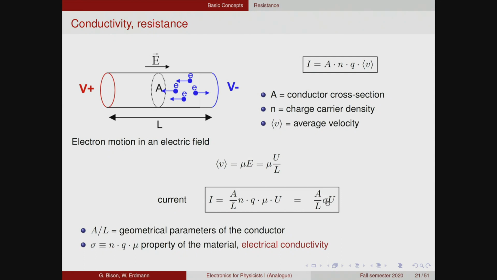Now, these constants we put together in one quantity, and we see that the cross-section divided by the length is defined by the shape of our conductor, and all the rest is defined by the properties of the material. And then, of course, it's proportional to the voltage. So the geometrical parameters are clear, and this sigma parameter is a property of the material called electrical conductivity.